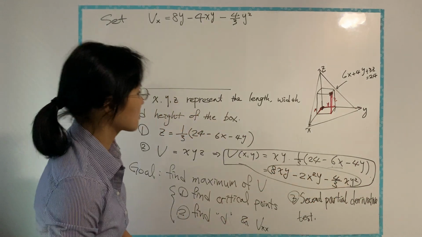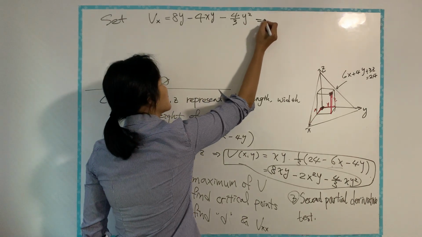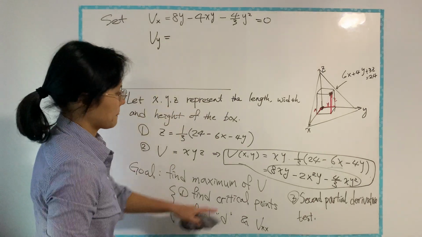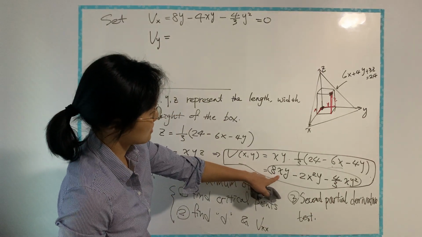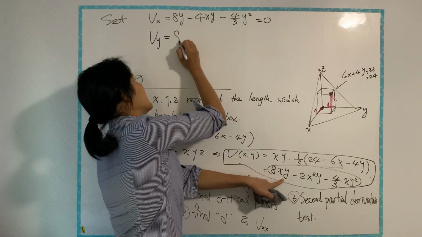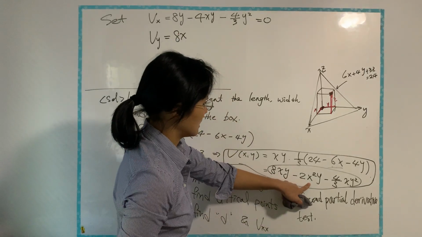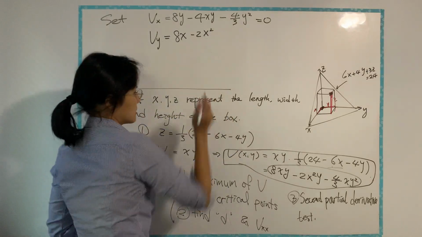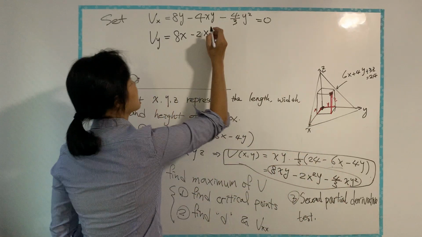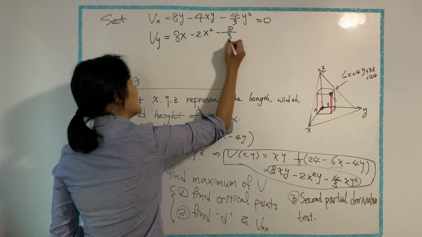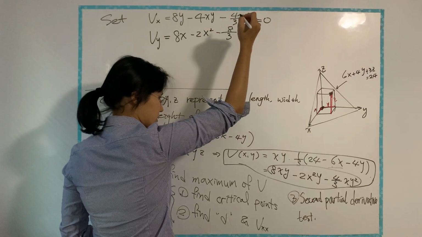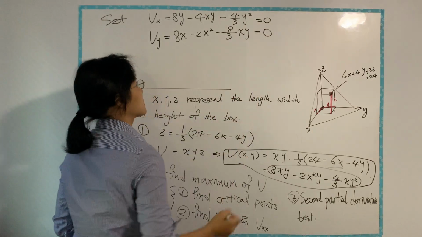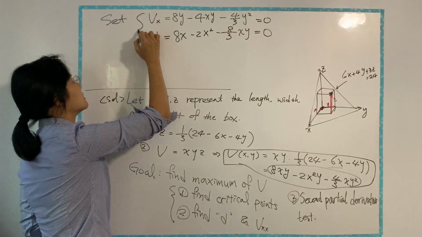Okay, so it looks okay. Set this equal to 0. Find dV/dy, treating x as a constant. So I get 8x minus 2x squared, and here I get minus 8/3 xy. And set this derivative equal to 0 as well.